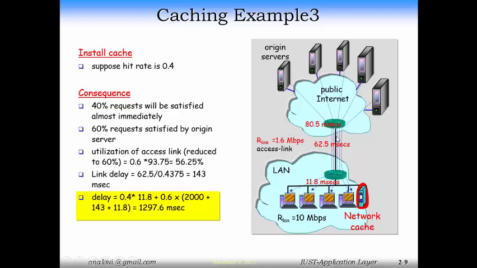They don't need to ask the servers over the internet. They just receive their responses inside my LAN. 40% of requests will be satisfied in my LAN, and the other 60% of requests should be sent over the internet to find answers. Okay.